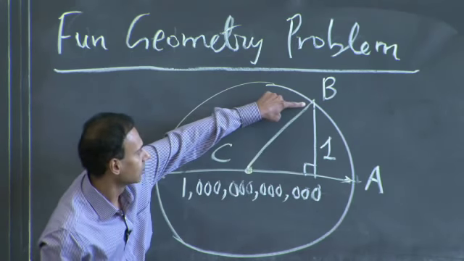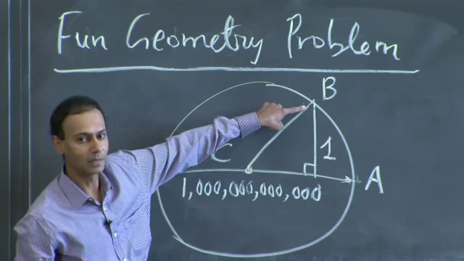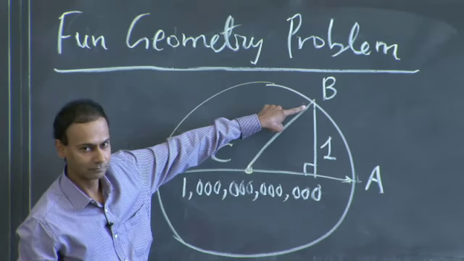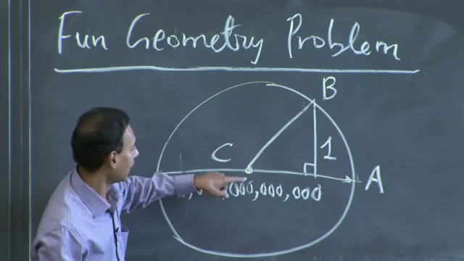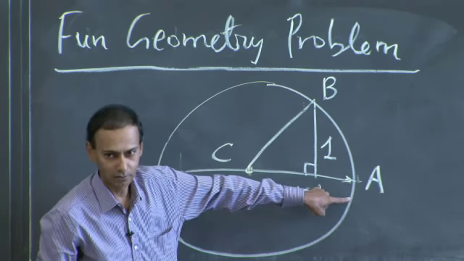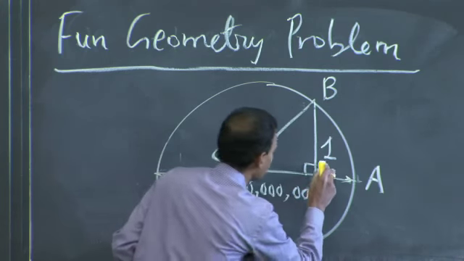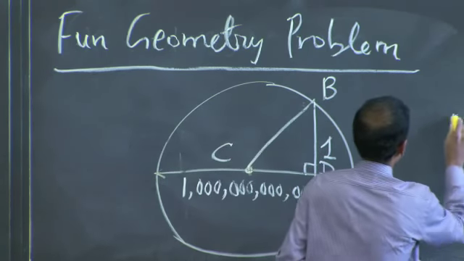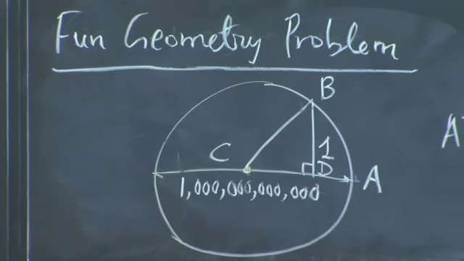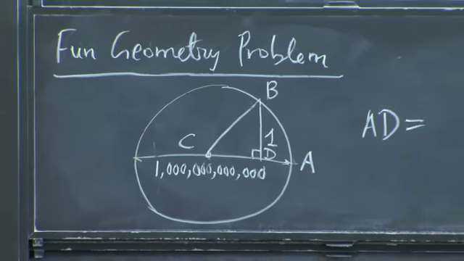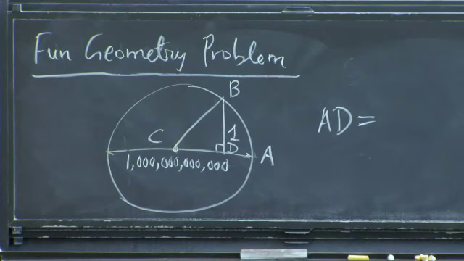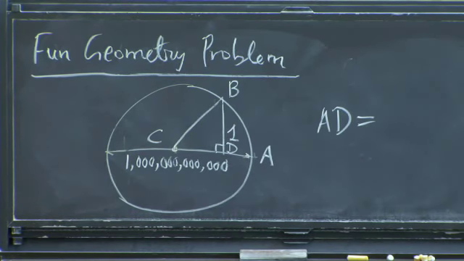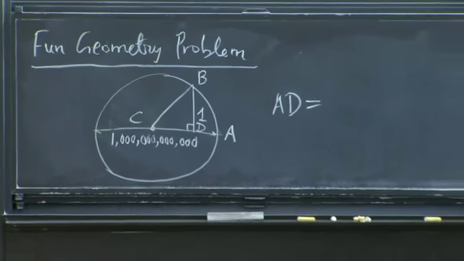This obviously is, someone tell me what that is. CB. 500 billion, right? And obviously CA is 500 billion. And if I call this D, somebody who remembers high school or middle school geometry, give me an equation for AD. So what's an equation for AD, guys?